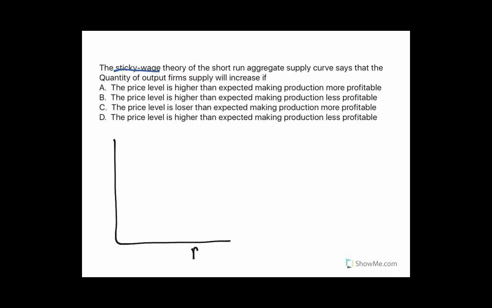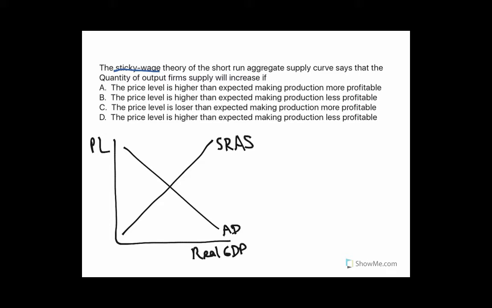So if you look at, we have real GDP and price level, you'll notice that we always draw this short run aggregate supply upward sloping. And the fact that it's upward sloping means if you look at price level, if price level increases like this, then in the short run, output will increase.